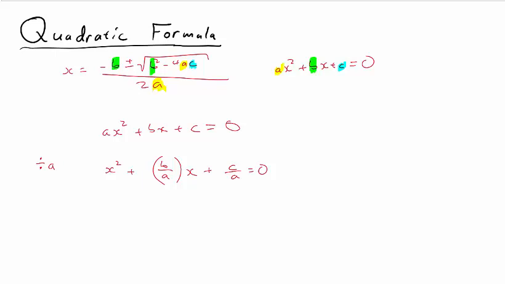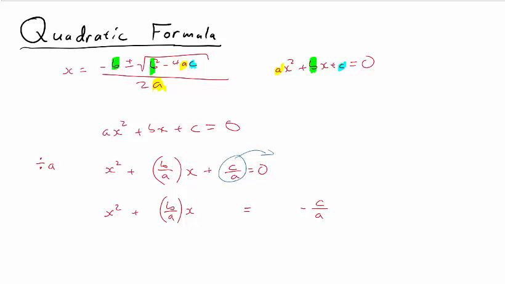Whereas before we would have redefined b over a and everything, we're not doing that. Next thing we have to do is move this guy over there, so we subtract c over a from both sides. So we have x squared plus b divided by a times x equals negative c divided by a.